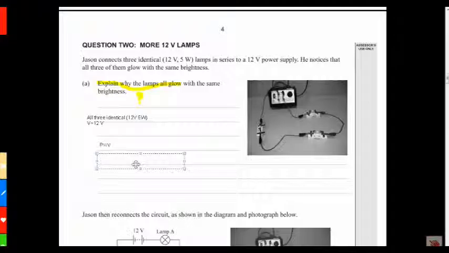Well, let's first talk about the current. Since this circuit is connected in parallel, all 3 lamps have the same current.